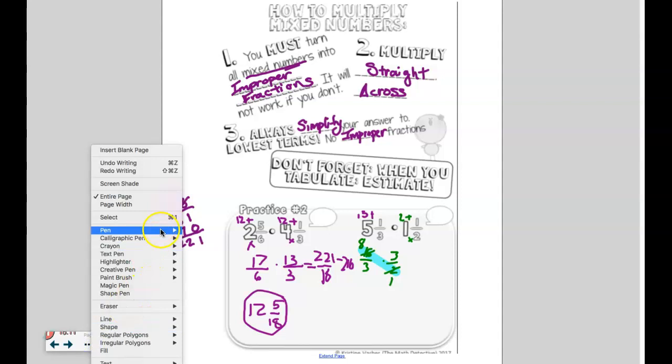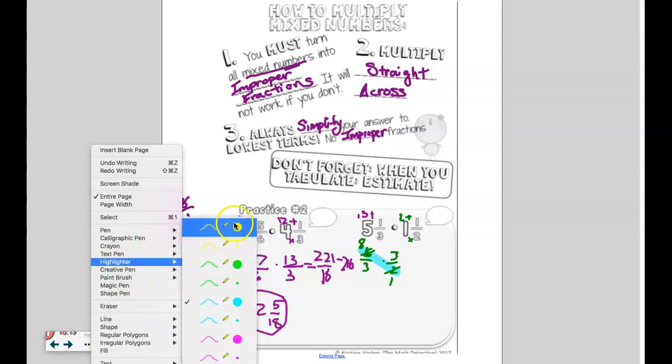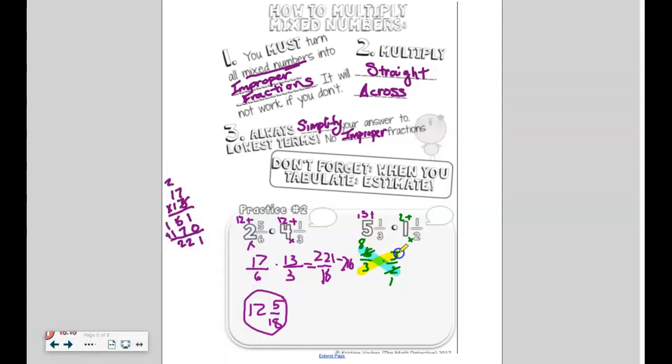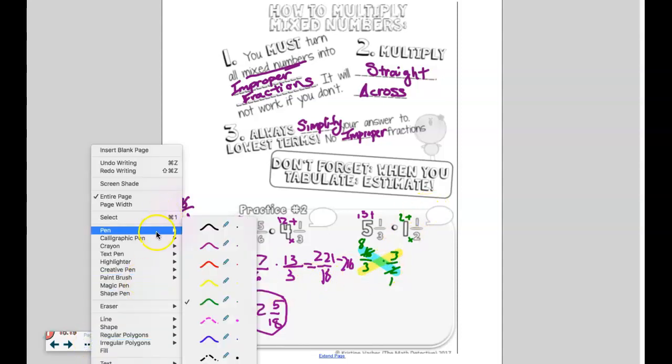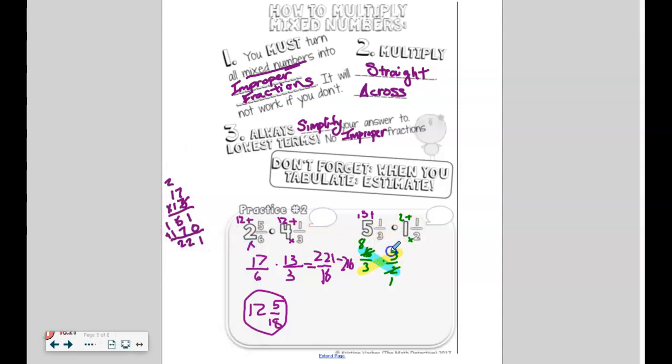Let's look at our other diagonal. We have 3 and 3. They have the same factor of 3, so 3 divided by 3 is 1. 3 divided by 3 is 1.